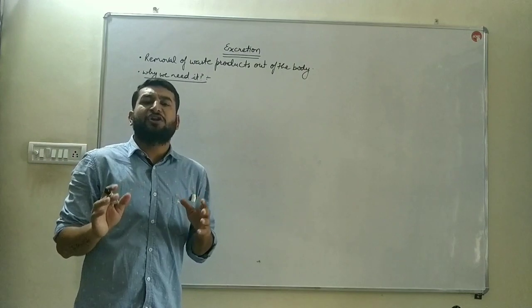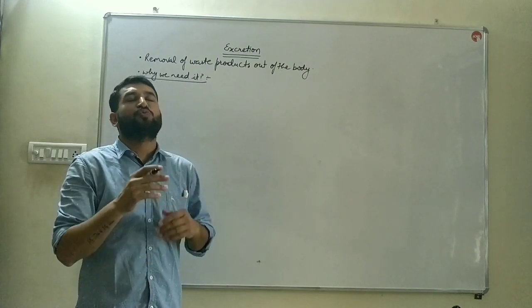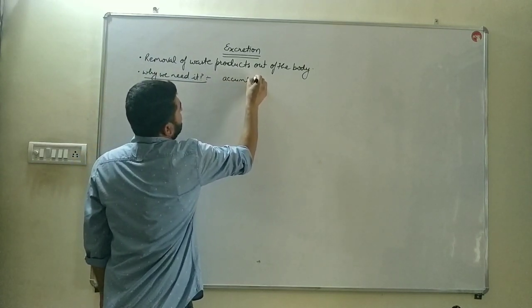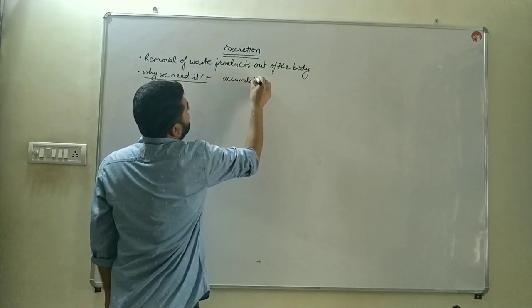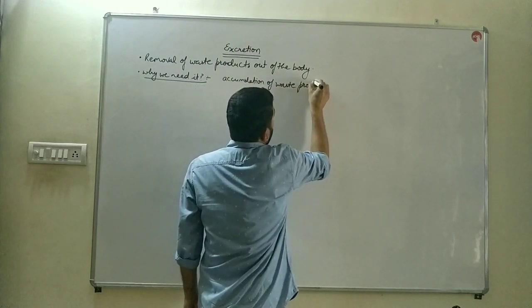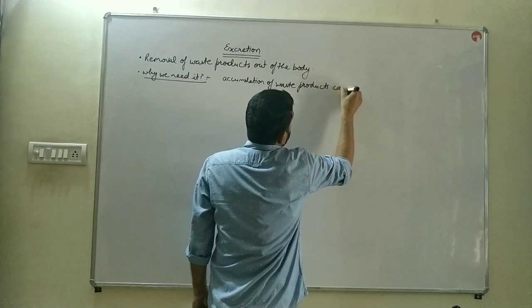If the waste products are not removed out of the body, then those waste products remain accumulated in the body. An accumulation of waste products causes toxemia.